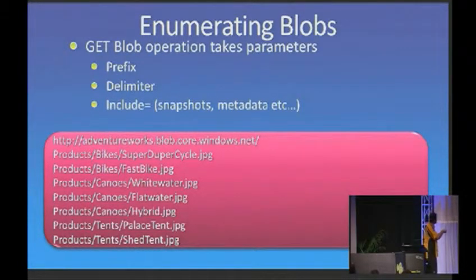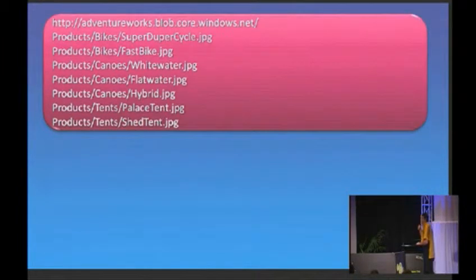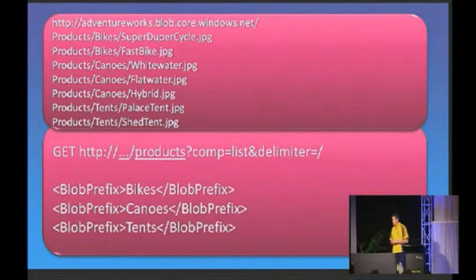So remember, products is the container name, and then we have a blob called bikes/superduper cycle.jpg. Given that, we can submit a GET query to that endpoint, asking it to list using the delimiter of /. What that's going to do is return for us these prefixes. It's going to return bikes, canoes, tents.